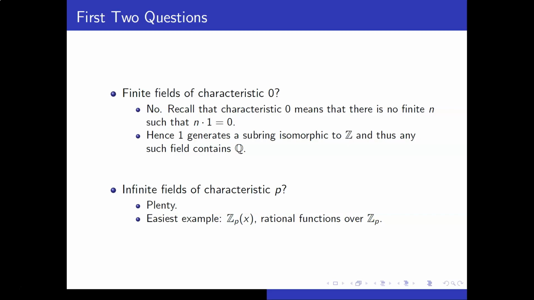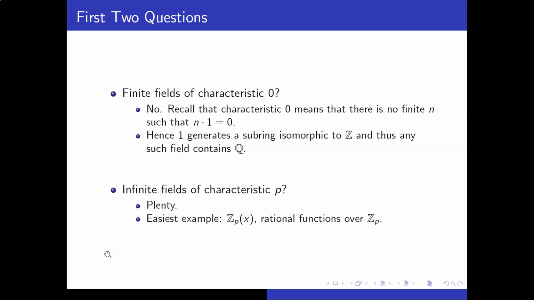I can take its polynomial ring. That gets me an integral domain. And again, every integral domain yields a field of fractions. So if I take that field of fractions, the so-called rational functions over Z mod P, well, there are infinitely many polynomials, hence there are infinitely many rational functions, and that gets me an infinite field of characteristic P.